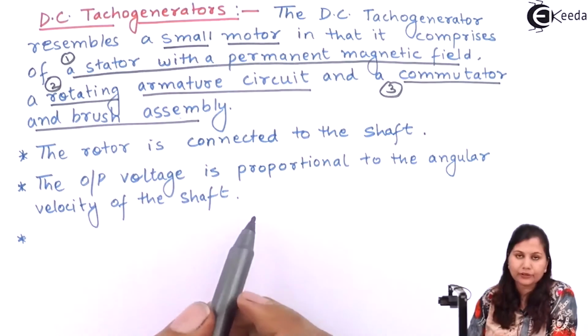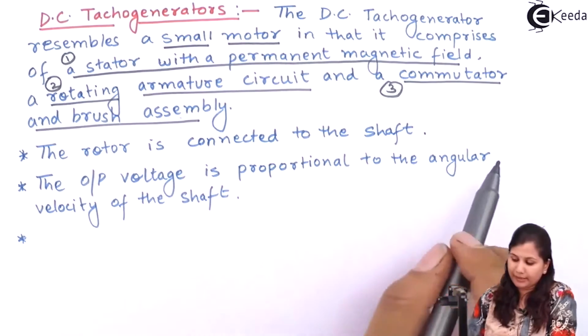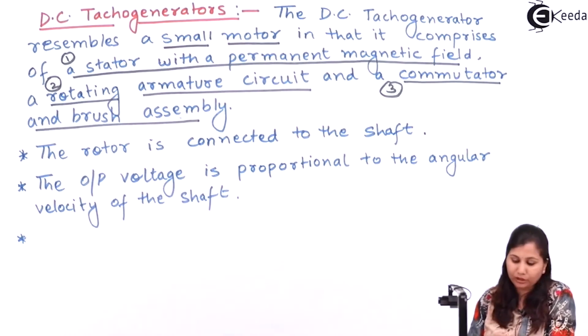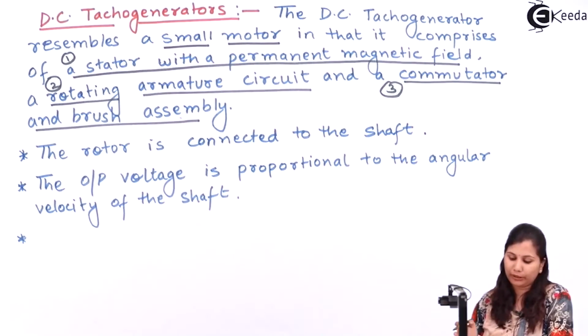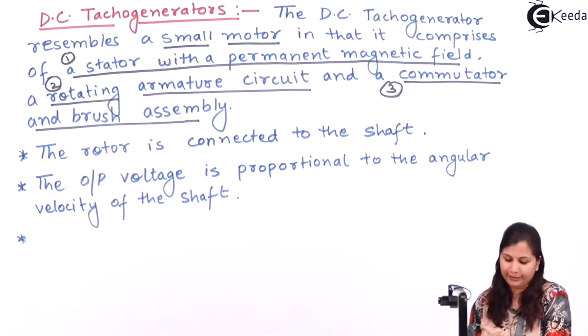Now the polarity of this output voltage depends upon the direction of rotation of the shaft, that is, in which direction, either clockwise or anti-clockwise, the shaft is moving. Depending upon that, the output voltage will have that polarity.